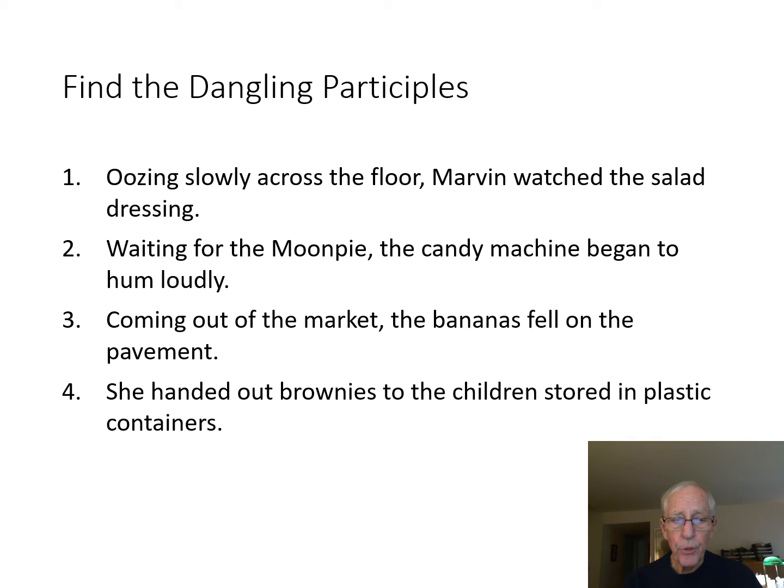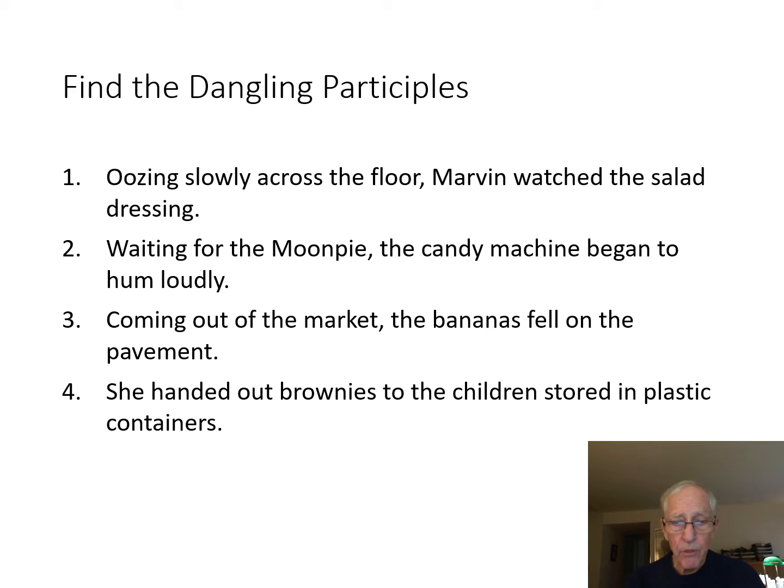Look at number 2. Waiting for the moon pie. That's a treat, comes out of a machine, I guess. The candy machine began to hum loudly. The way this is written, it looks like the candy machine is waiting for the moon pie. That's not right. You or I might have been waiting for the moon pie, but not the candy machine.